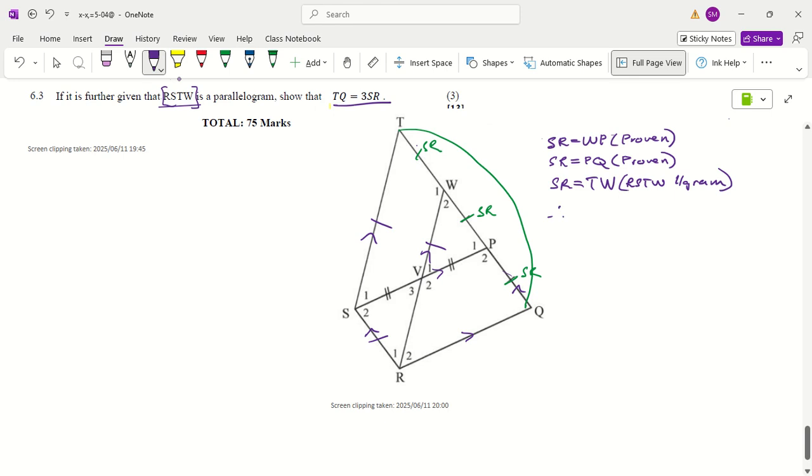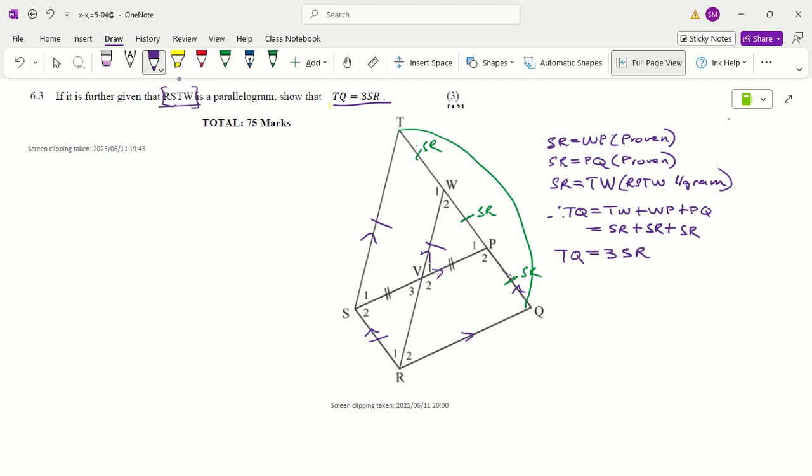So meaning therefore we can say that TQ is equal to TW plus WP plus PQ, and all of these are equal to SR. So meaning that TQ is equal to 3SR. So very simple there, and we've reached the end of our question paper.